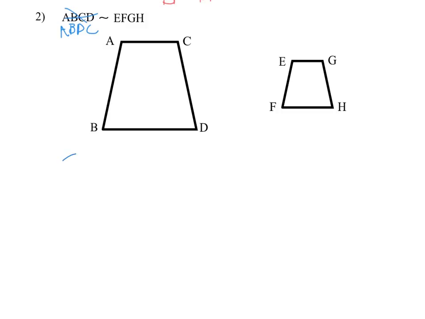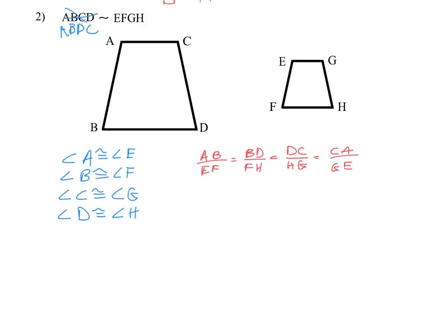But we can say that angle A is congruent with angle E, angle B is congruent with angle F, and angle C is going to be congruent with angle G. And I need to put my little sign for an angle right there before I say that. Angle G. And then angle D is going to be congruent with angle H.